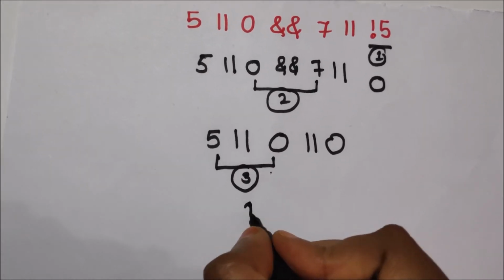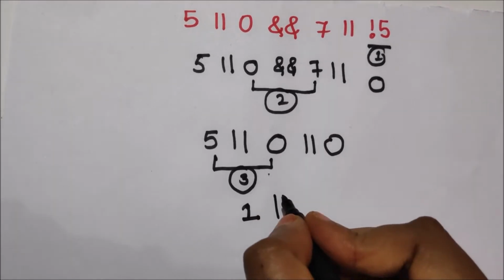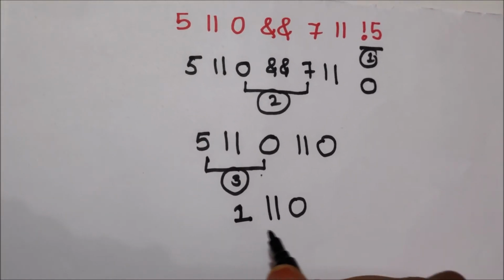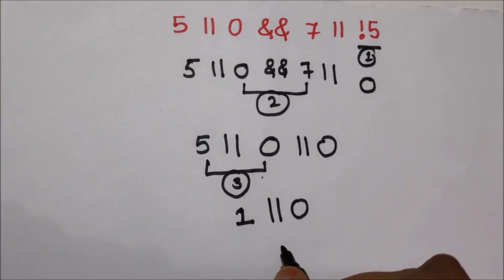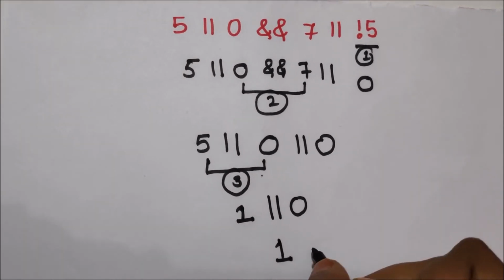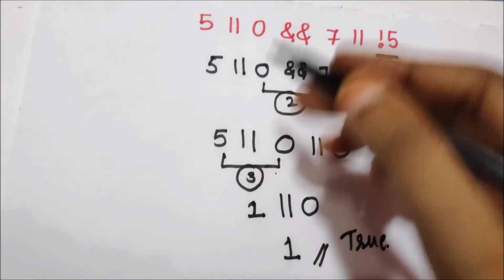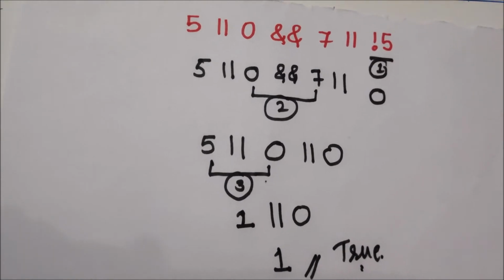So true or false will give you true, which is indicated as 1. Or 0 remains as it is. Next again 1 or 0, which means true or false. Again this will return 1, which is nothing but true. So this entire expression will give the result as true.